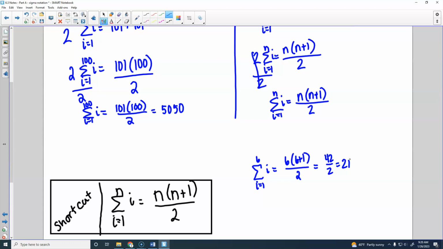But if I want to do the sum from 1 to 275 of I, I could just do 275 times 276 divided by 2. And then you'll get an answer for that we need to use the calculator for.